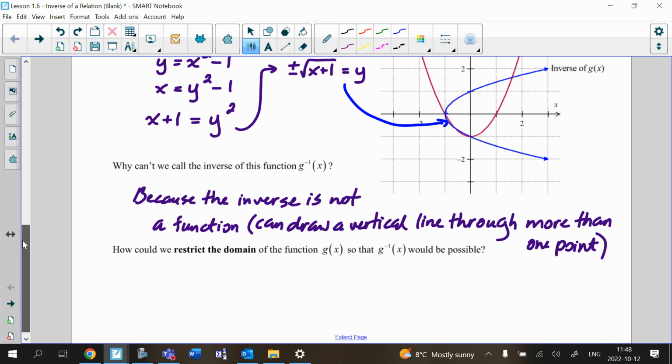So here, I'm going to resketch it. And the red one is down here, so it goes like this.